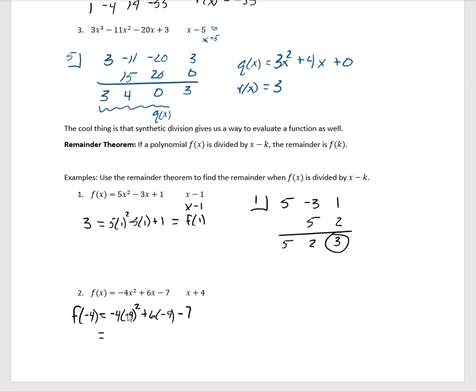Negative squared makes positive. 16, right? So 16 times negative 4 is a negative 64. 6 times 4 is 24. So that's a negative 24 and a negative 7. That's a lot of negative. 64 and 24 makes 88, and another 7 makes a negative 95.